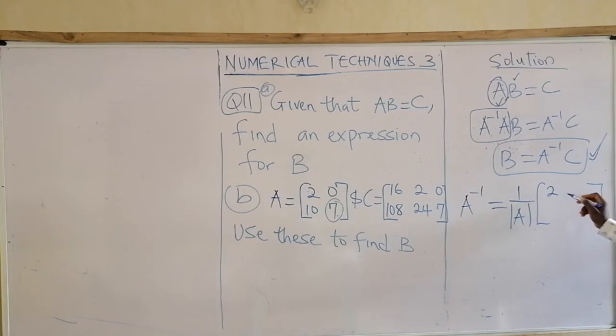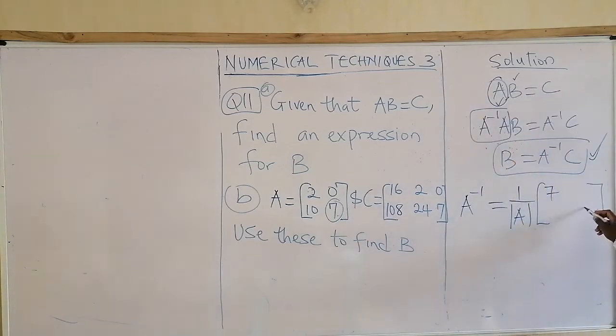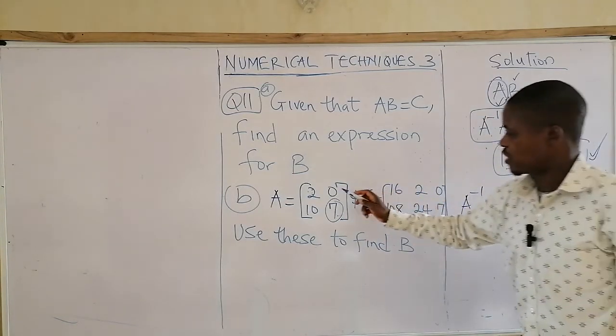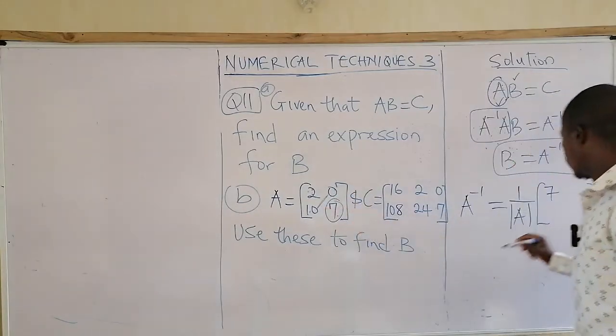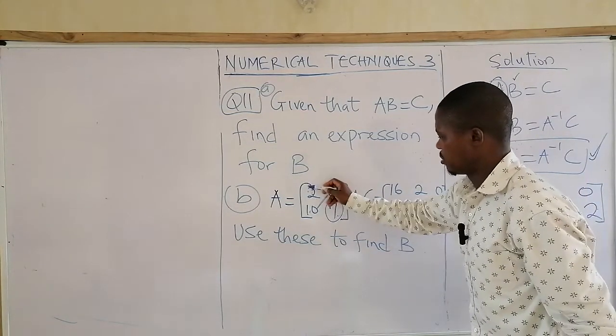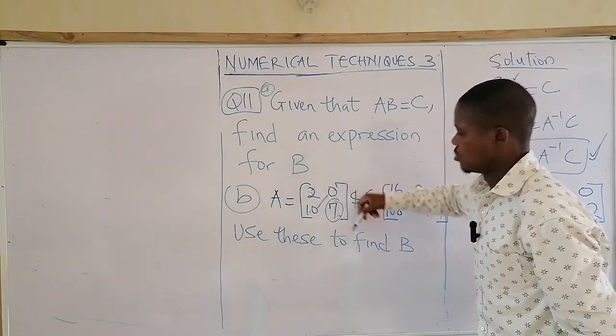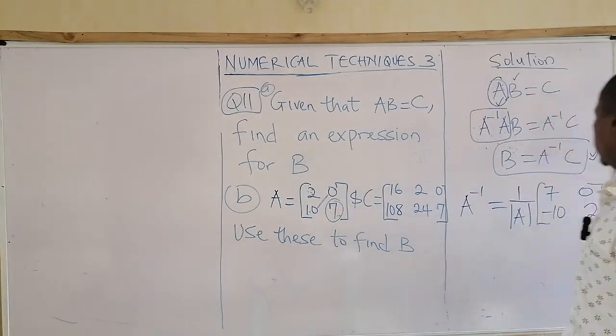Then you multiply the other two entries by minus. That's 0 and minus 10. That's how to do the inverse of a 2 by 2 matrix.